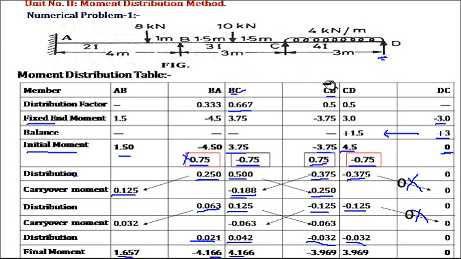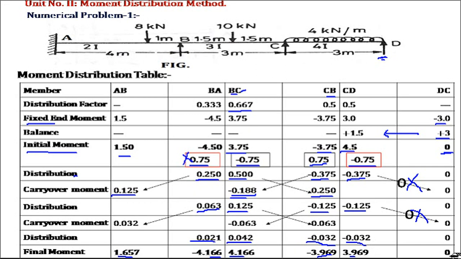The moment in member CB is minus 3.75 minus 0.375 plus 0.250 minus 0.125 plus 0.063 minus 0.032, so this value comes to be equal to 3.969. The moment in member CD is 4.5 minus 0.375 minus 0.125 minus 0.032, so this value comes to be equal to 3.969.